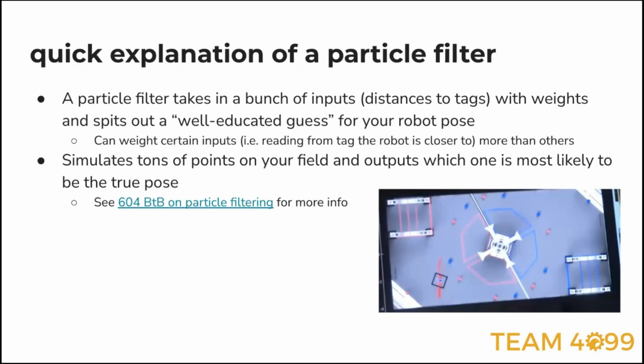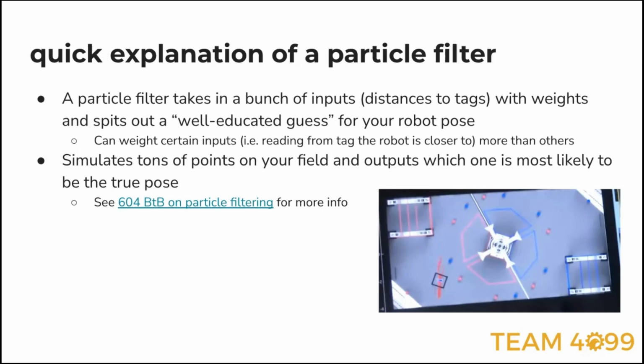I think it's a mathematically good way of combining different estimates of the same thing. So you have your odometry from your wheels, which is a very precise estimate in the short run, but over time you're integrating, so you're adding up error. Your odometry is going to be very effective in the short term, but over the course of a match, it will get off.